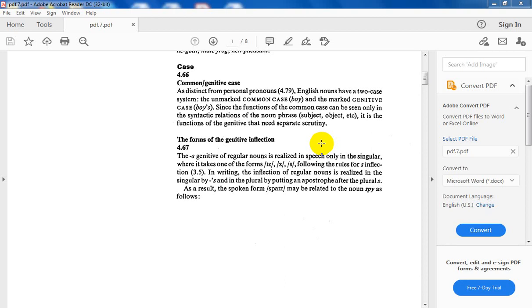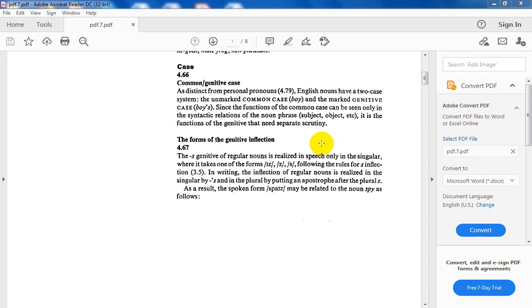So let us read here. As distinct from personal pronouns like he, she, it, English nouns have a two-case system, يعني a case system having two forms or two cases.